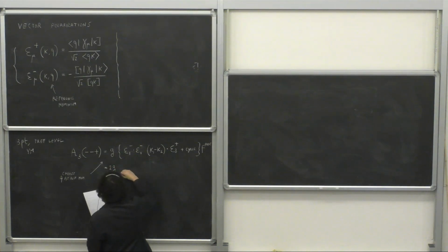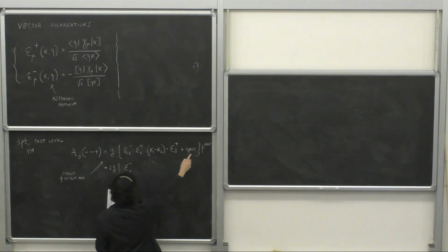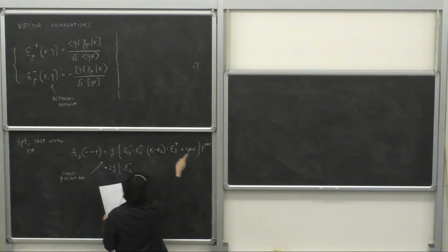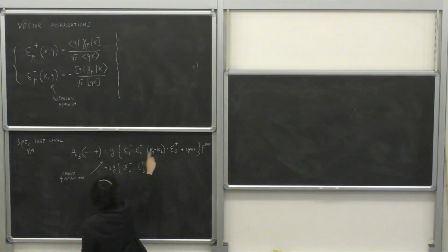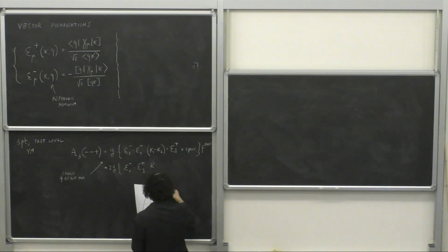So what is left, just by invoking that choice, is going to be epsilon 2. Ironically, perhaps the one I displayed explicitly is the one which gets killed, and the other two in the cyclic are the ones which survive. This is the form where momentum conservation has been used to give you a factor of 2 and just one of the momenta dotted into the other.